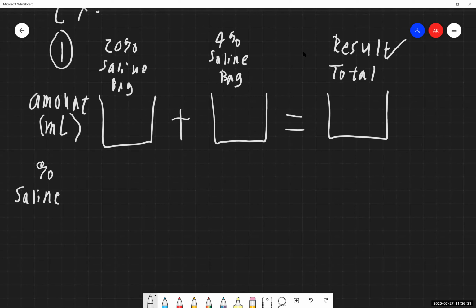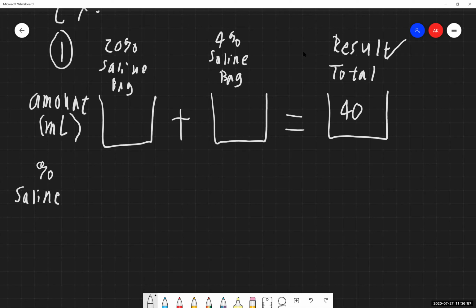And now we can start filling in parts of this visual that we have for ourselves. Rereading the problem, Dr. Cox orders a dosage of 40 milliliters of a 16% saline for a patient. Okay, so we know our result. We know that we want to have an amount of 40 milliliters.